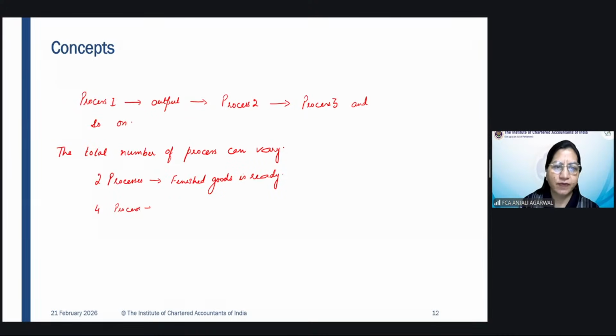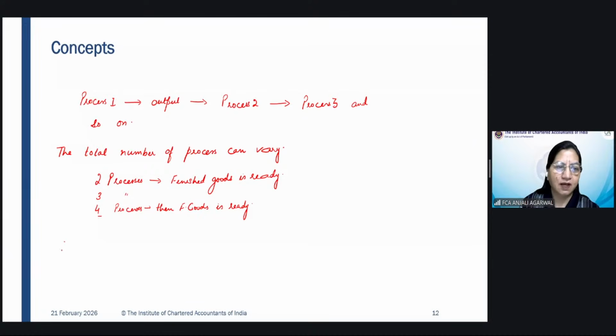So there is no fixed number of processes. Each final product will have a unique number of processes. It can be 2, 3, 4, any number of processes, and then the finished goods are ready.